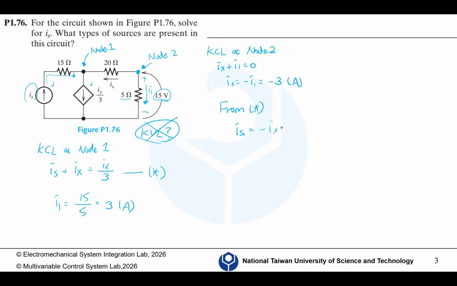Same thing here, we define the polarities of these components. Here we don't know the voltage across this current source, so it has a problem, so we kind of avoid it. We can only resort to this loop.